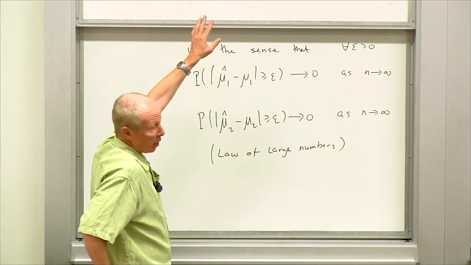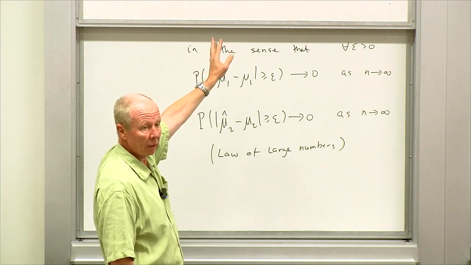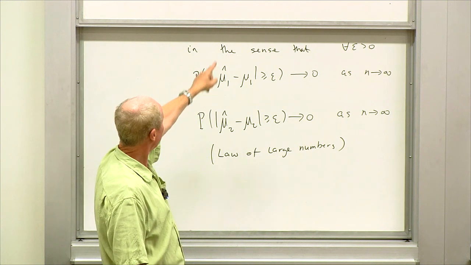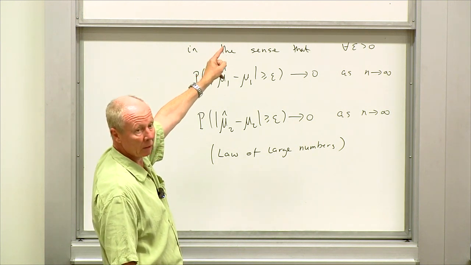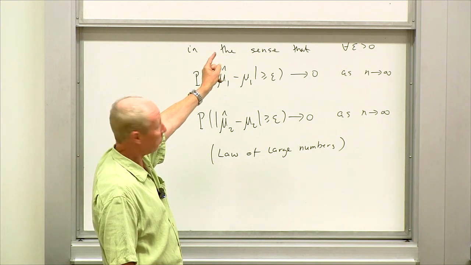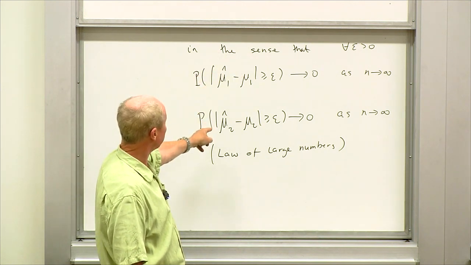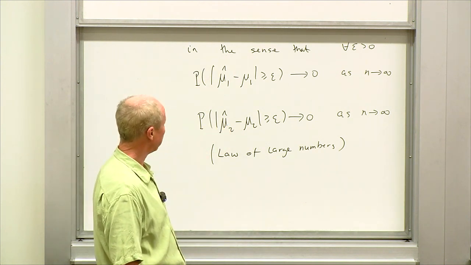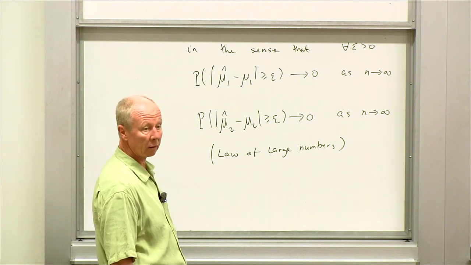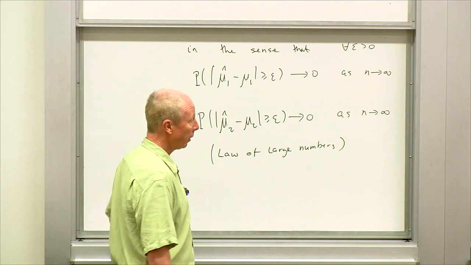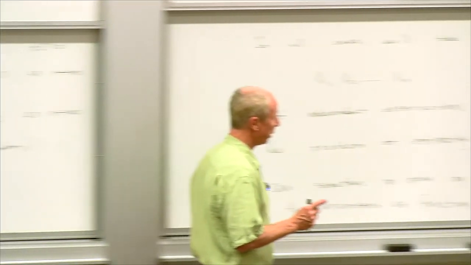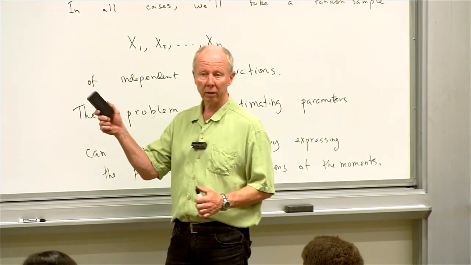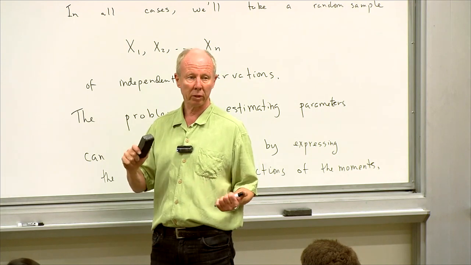Mu1 hat is an average of these random variables. If they have a finite expectation, that average would converge to the expectation. Mu2 hat is an average of independent random variables. If they have an expectation, it would be mu2. And the law of large numbers says mu2 hat, which depends on n, would go to mu2 as n goes to infinity. So mu1 hat and mu2 hat can be used to estimate mu1 and mu2. And then if we know how to express the parameters as functions of the moments, we can plug in the estimates for the moments, and we get estimates for the parameters.